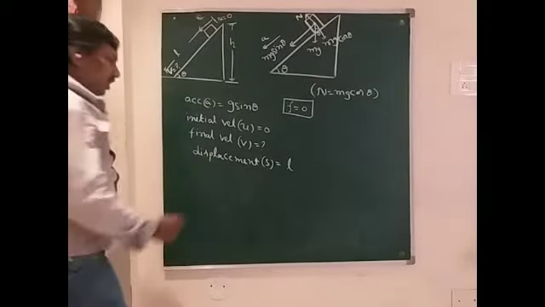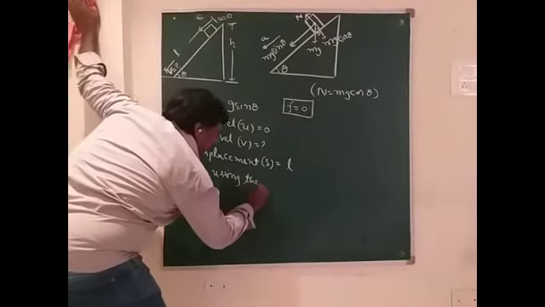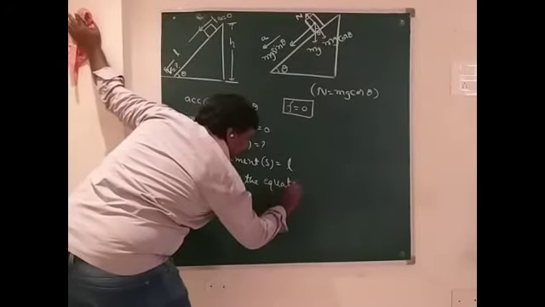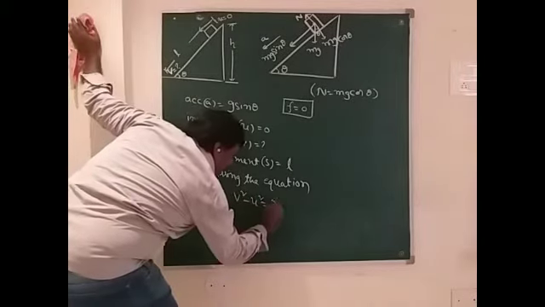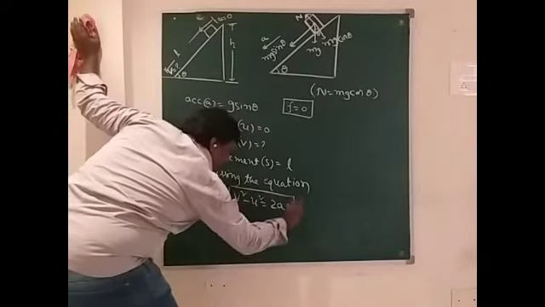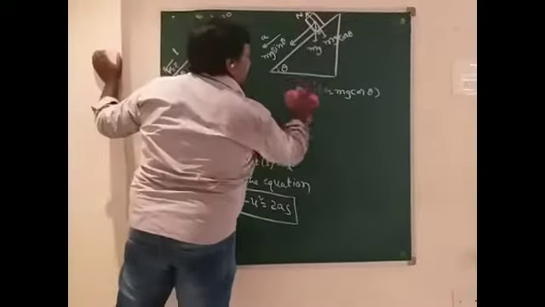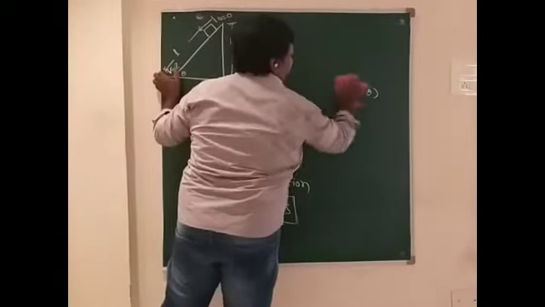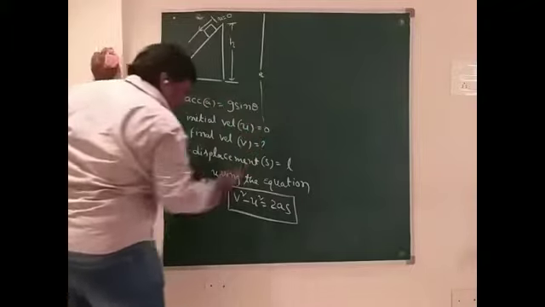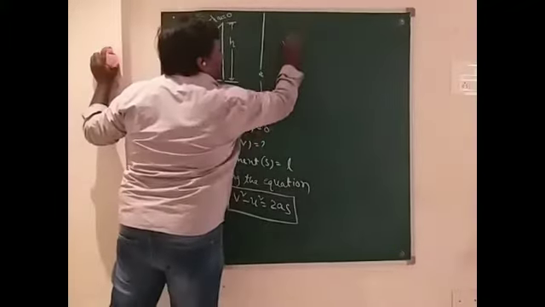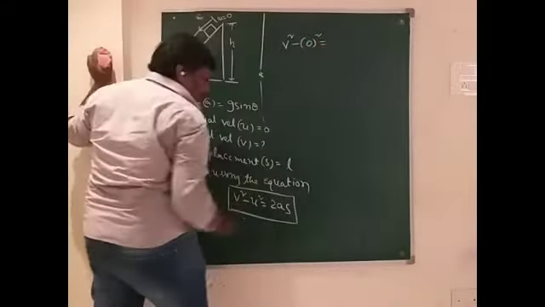Now using the equation V square minus U square equals 2AS. Here V square minus the initial velocity 0 square equals 2AS.